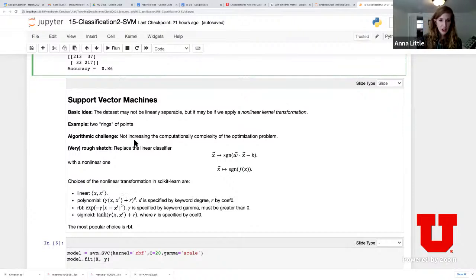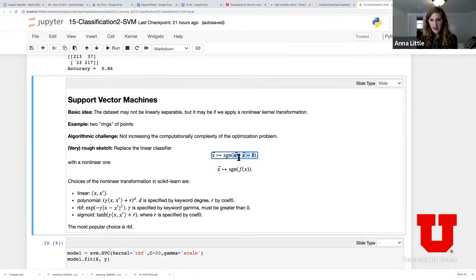So the algorithmic challenge here is to solve a more complex problem without increasing the computational complexity of the optimization problem too much. The basic idea is actually pretty straightforward. The classifier we were dealing with so far, the linear SVM case, is the classifier where x is assigned to the sign of the inner product w·x minus b.